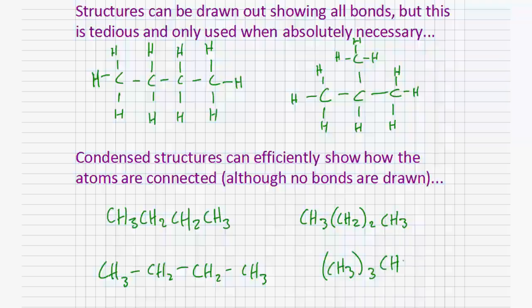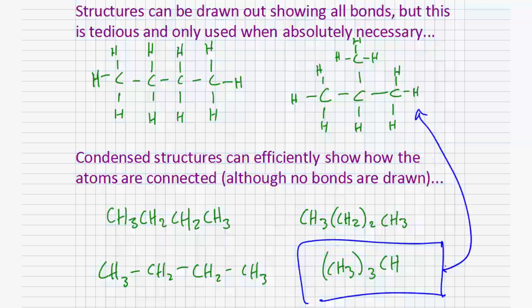That only works if groups are repeated and directly connected, one after another, or if you have identical groups that are all attached to the same carbon. So these 3 I have here are the straight chain. I've drawn the isomer right here in this one.